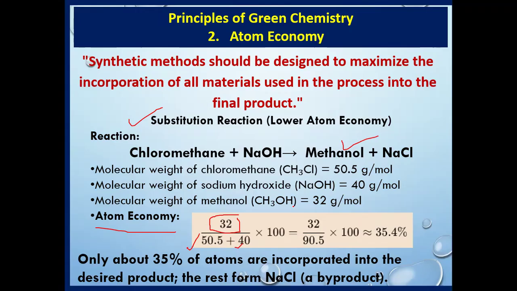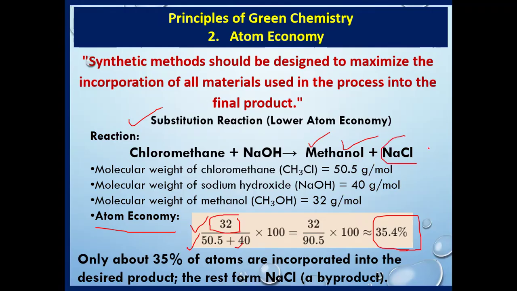By calculating atom economy using this formula, we get the atom economy for this reaction as 35.4%. One should note that while calculating the atom economy, the main product's molar mass is to be used, not the byproducts' molar mass.